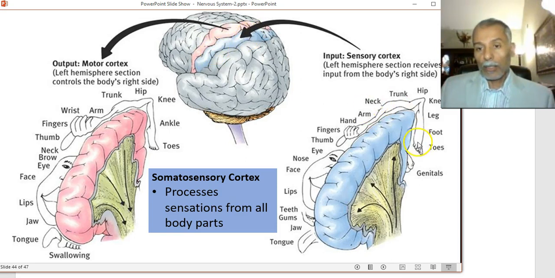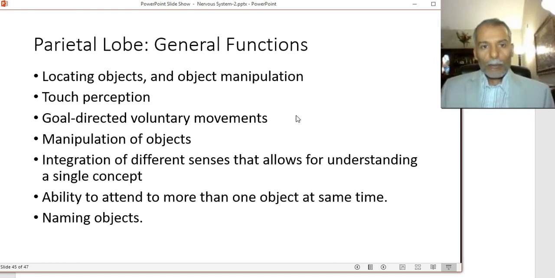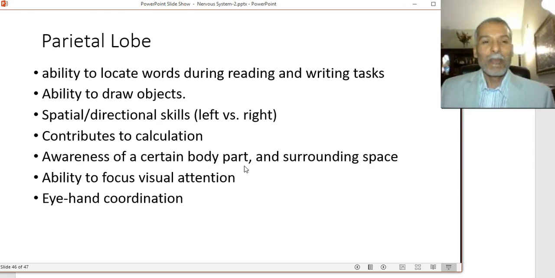And you can see the little map of the man sitting to show you what area controls what structure. So that is the sensory homunculus again, and this is the motor homunculus. So these are the general functions of the parietal cortex, and you can read them, I'm sure.